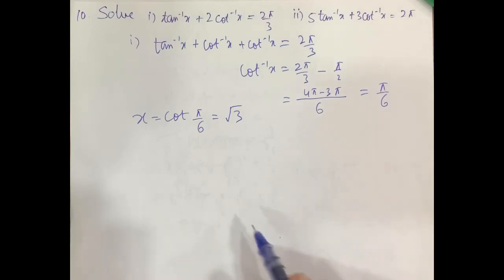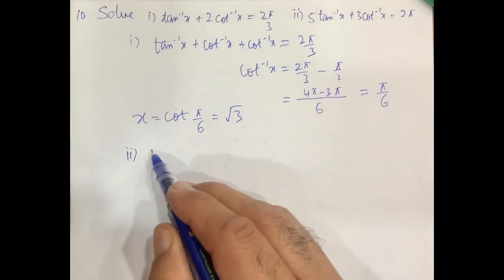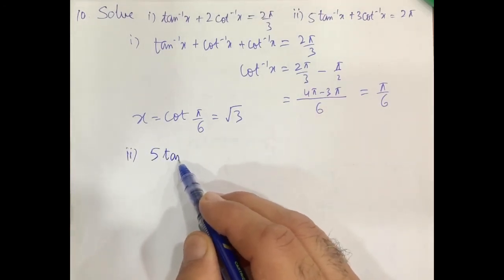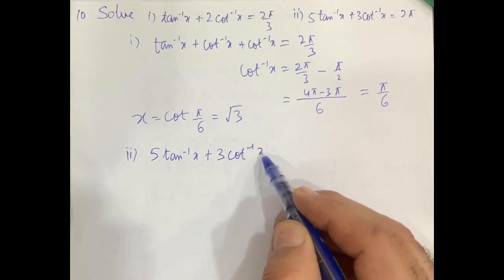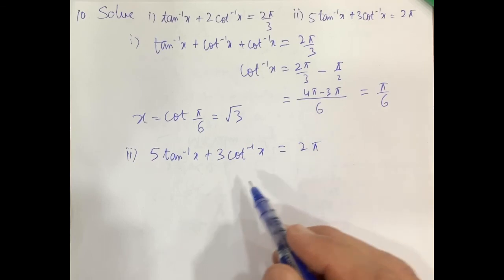The next one: tan inverse of x plus 3 cot inverse of x is given as 2 pi.